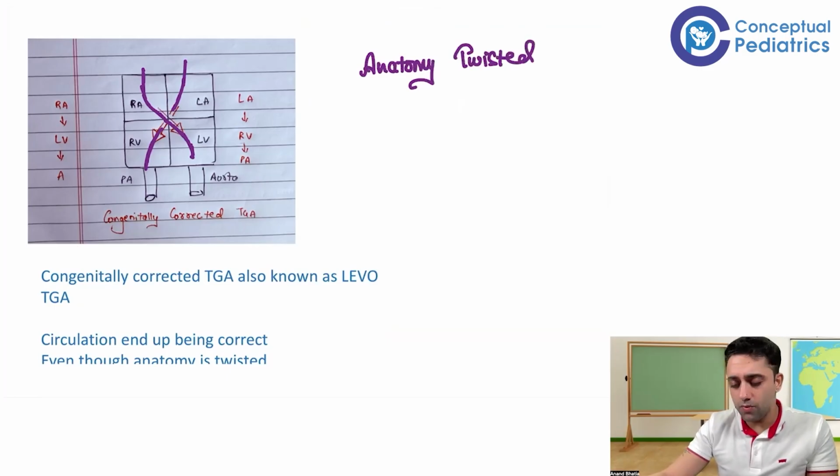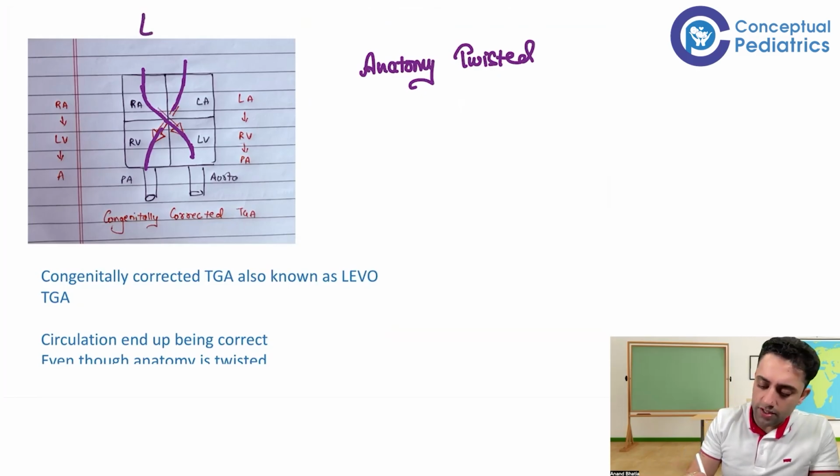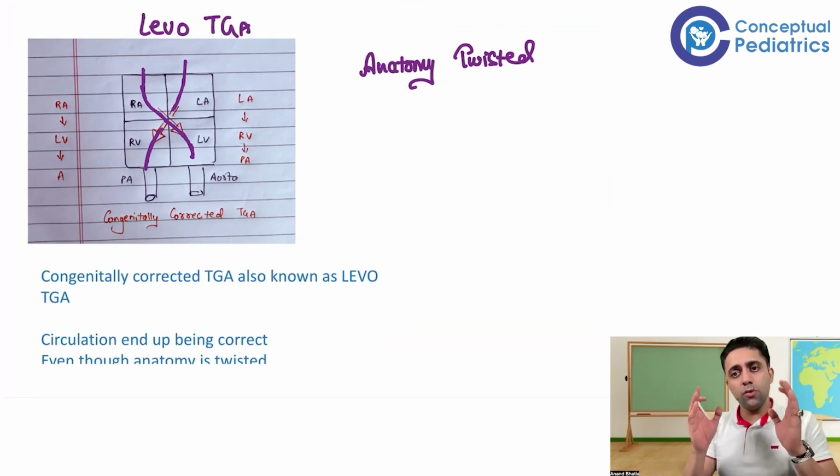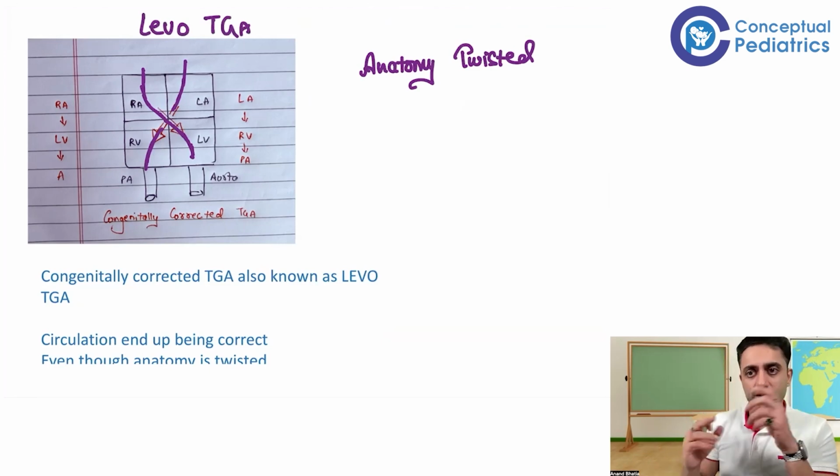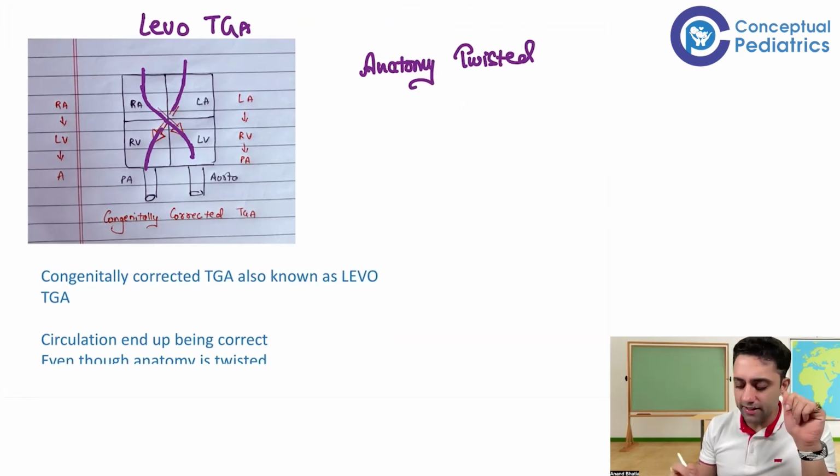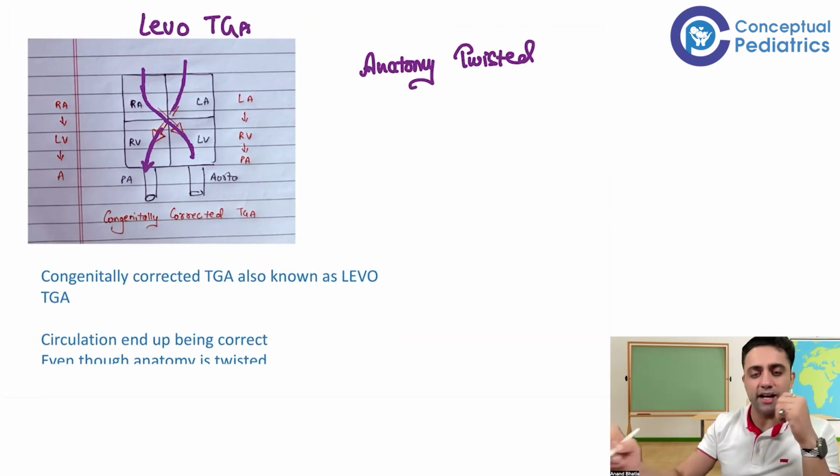In this condition, transposition of great arteries, there is something known as Levo-TGA. Levo-TGA means it is not about the aorta and pulmonary artery being twisted. It is that the right atrium is connected to the left ventricle by mistake, and the left atrium is connected to the right ventricle by mistake. Can you appreciate this point?